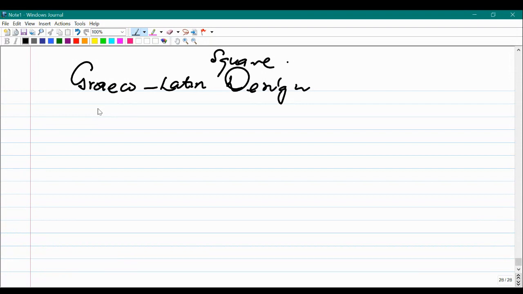Now, what is the difference between a normal Latin square design and Greco Latin square design? A normal Latin square design will have 2 blocking factors. But a Greco Latin square design is going to have 3 blocking factors.